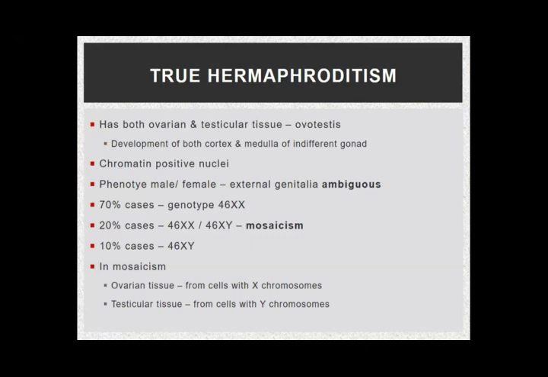That is called mosaicism. आप already mosaicism पढ़ चुके हैं first year में. And then in 10% of cases, it is 46XY. ठीक है? In mosaicism, the ovarian tissue develops from the cells with X chromosomes, and the testicular tissue develops from cells with Y chromosomes.